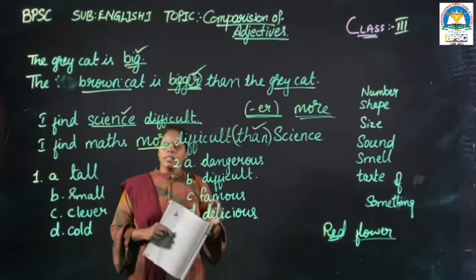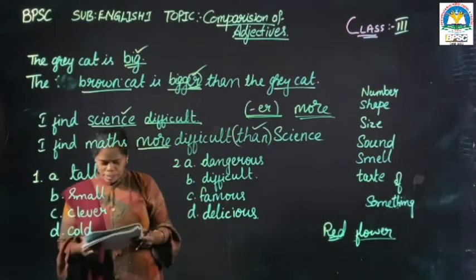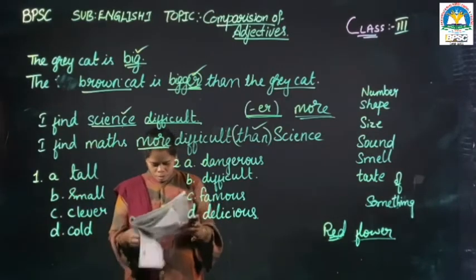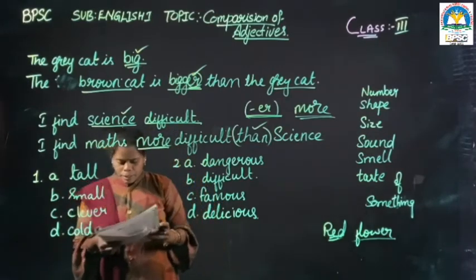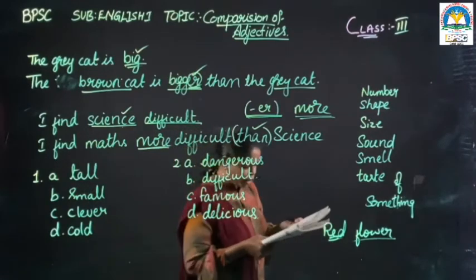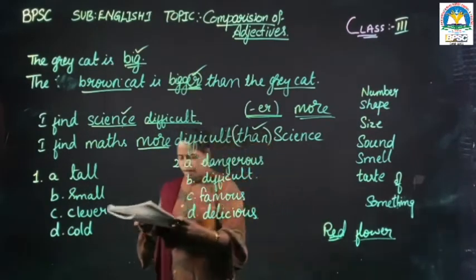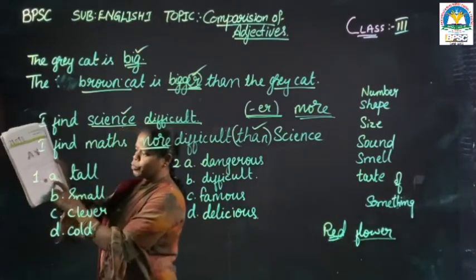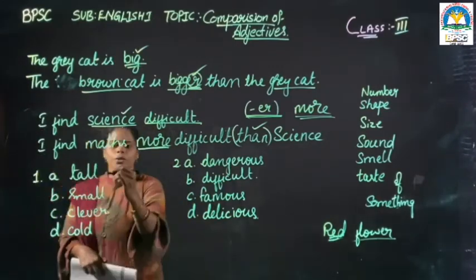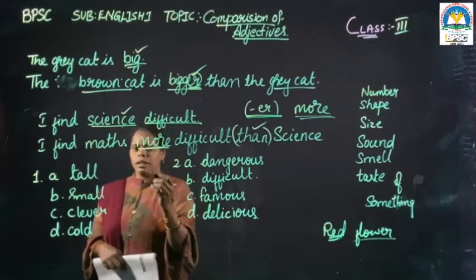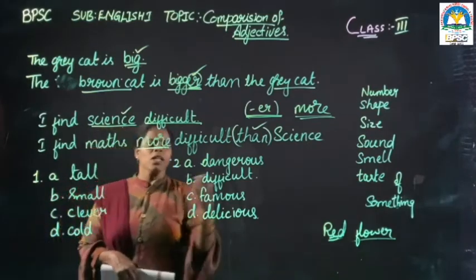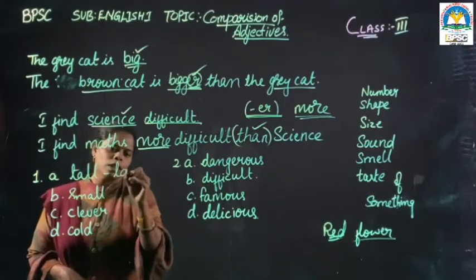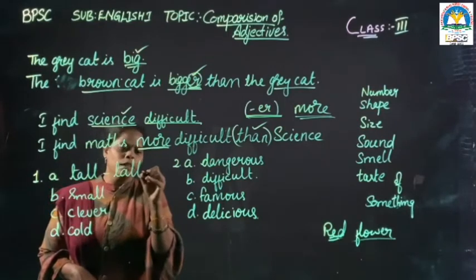Okay, so let us begin with the first exercise, page number 49. Read these examples and then complete the table. One has been done for you. Here, short, shorter, sweet, sweeter. Like that, you have to add er for the adjectives and write the answers. Tall, T-A-L-L-E-R.